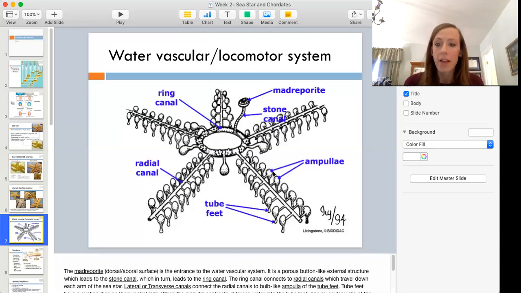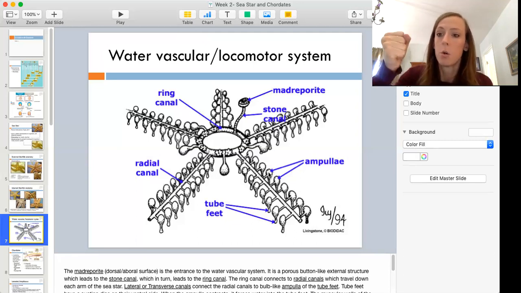So this is the pathway that the water can travel through in order to extend through the organism and help the sea star with locomotion. As the pressure from that water enters each of the arms and travels into the ampullae, contraction of that ampulla will put pressure on the tube feet.